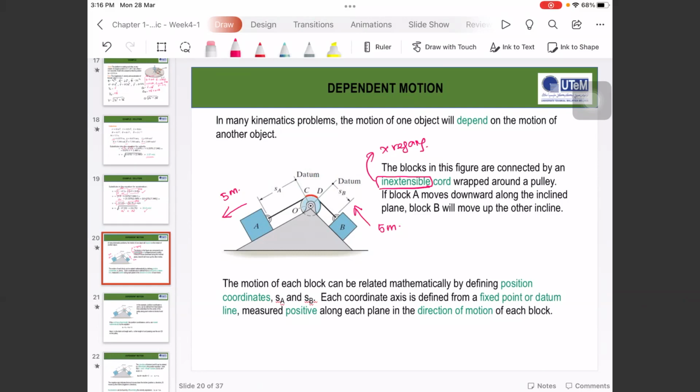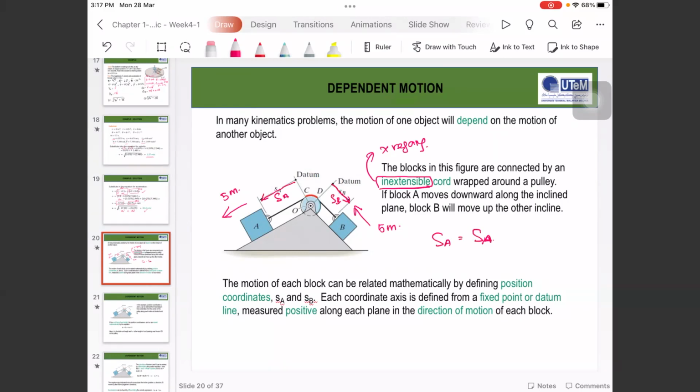So the motion of each block can be related mathematically by defining position coordinates SA and SB. Okay, so dalam kes ni SA is equal to SB. Here is SA, jarak lah, position, and here is SB.